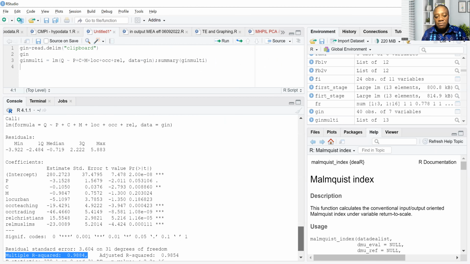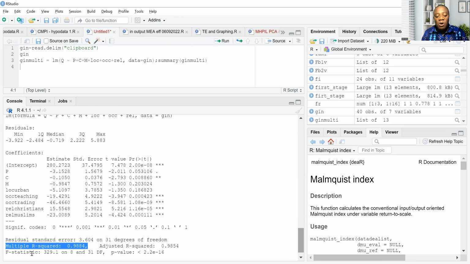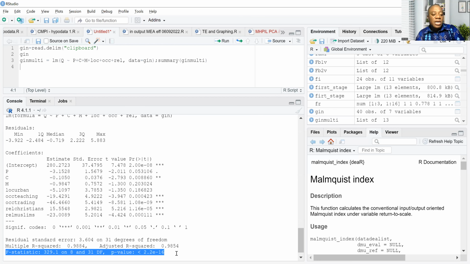Now look at it here. At the very bottom of the regression result, and I'll give you the regression result just like you have it here, you will see the F statistic is 329.1 on 8 degrees of freedom and 31 degrees of freedom. And you have been told that the p-value is less than 2.2e-16.